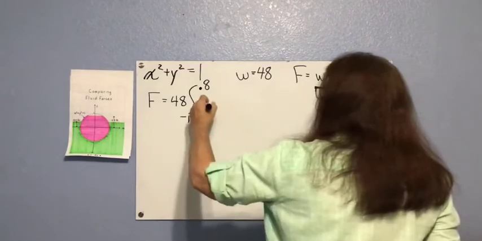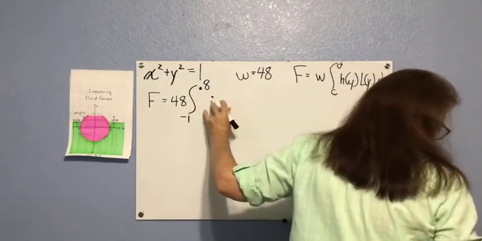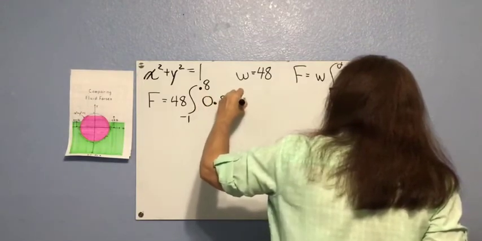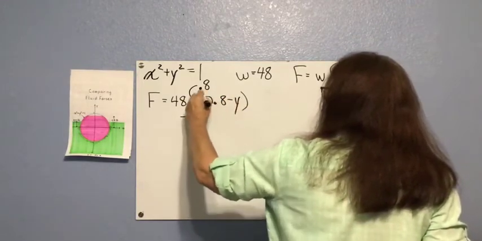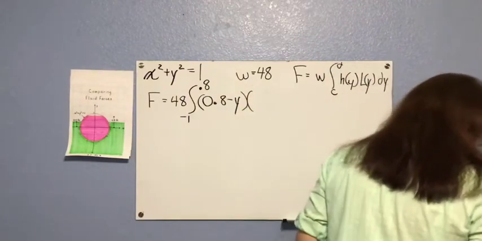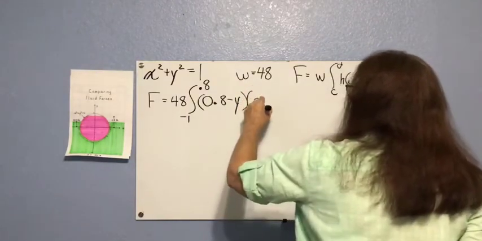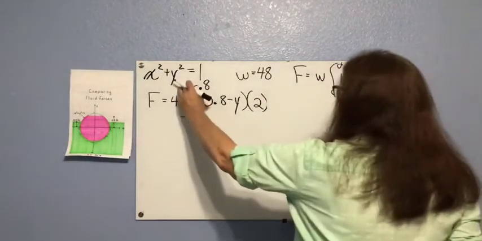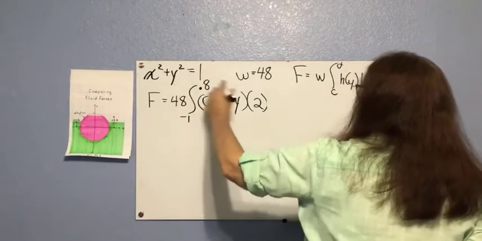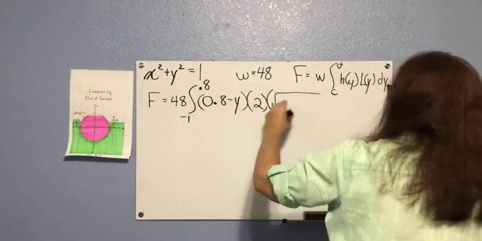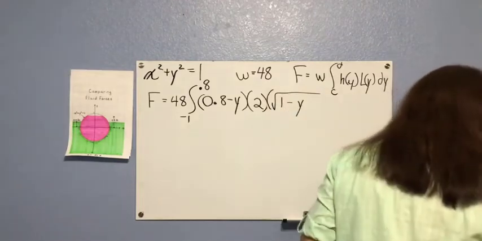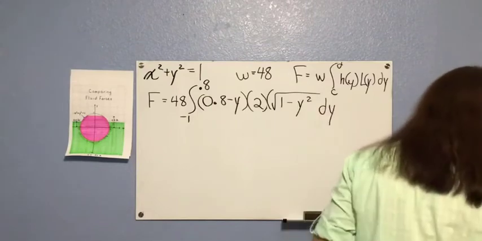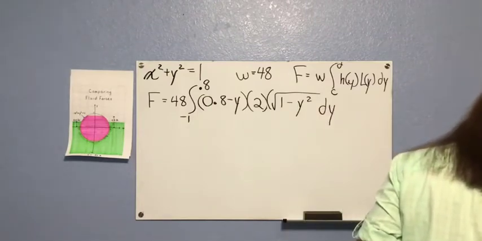And then our H of Y is going to be 0.8 minus Y. And our length is going to be 2 times the radius. So when we solve this equation for x, we get square root of 1 minus y squared dy to finish out our integral.